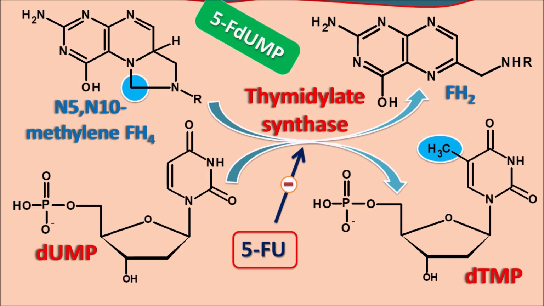This F-dUMP, that is the 5-fluorodeoxyuridine monophosphate, can form a ternary complex with the cofactor, that is the methylene tetrahydrofolate, as well as the enzyme thymidylate synthase. By formation of this ternary complex, it can inhibit the thymidylate synthase enzyme, thereby it inhibits the conversion of the dUMP into the dTMP.